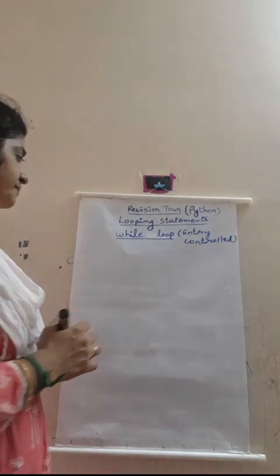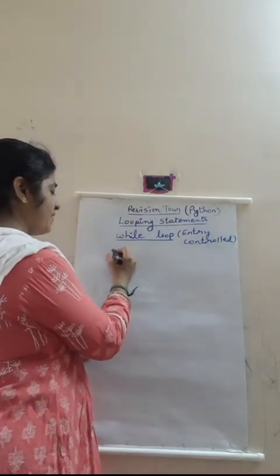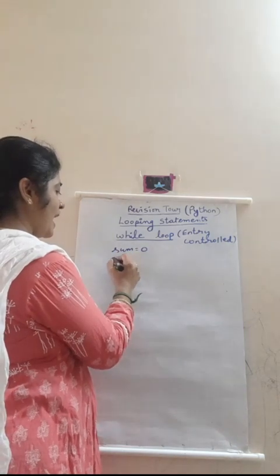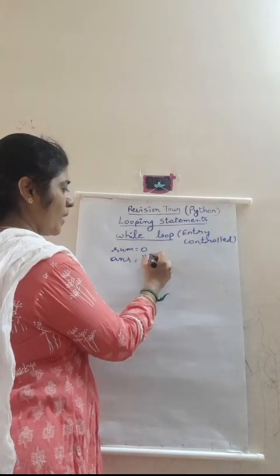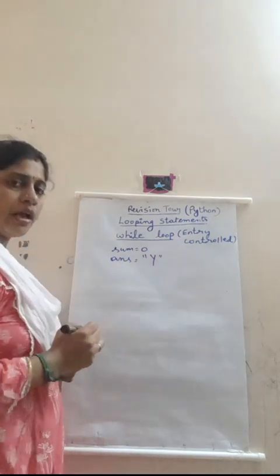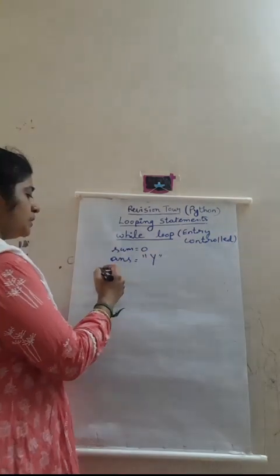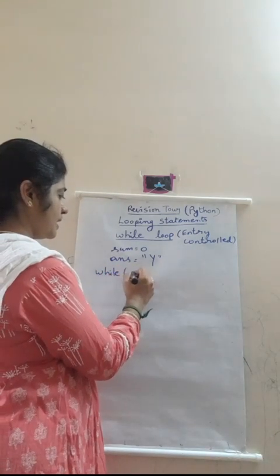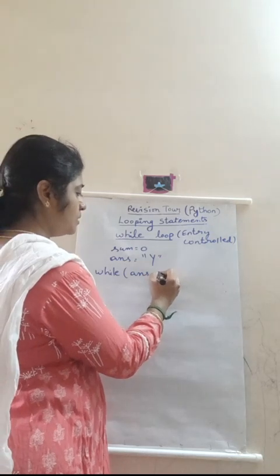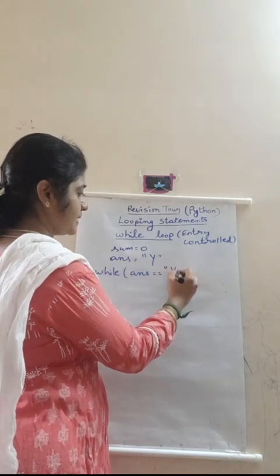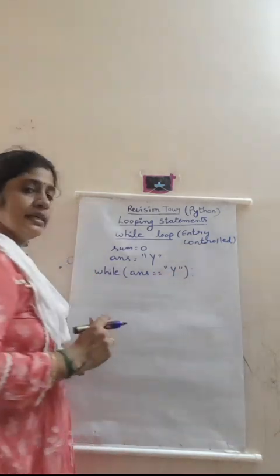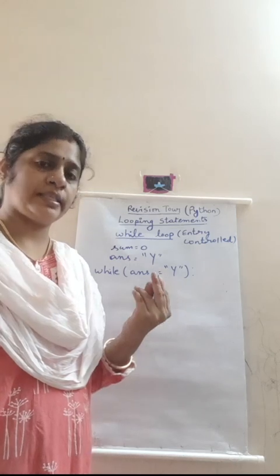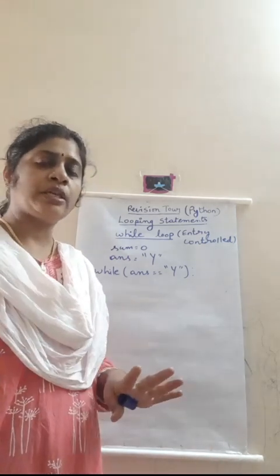Okay, so I define a variable sum equal to 0 and another variable answer equal to y, and I am going to run the loop while answer is equal to y, till the answer is equal to y. When the user enters the answer value as no, then we are going to come out of the loop.